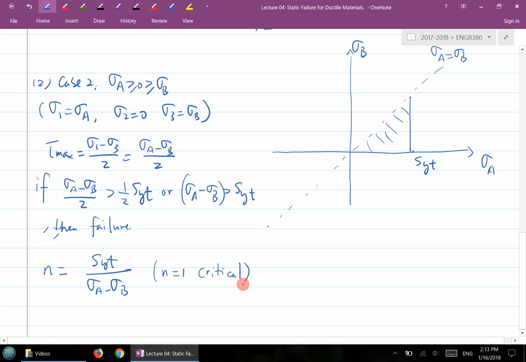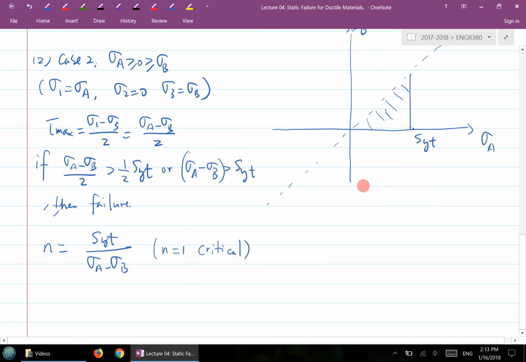When n equals 1, you have a critical boundary, and the critical boundary here corresponds to SYT equal to sigma A minus sigma B. This is your boundary. So what is this boundary on this plane?